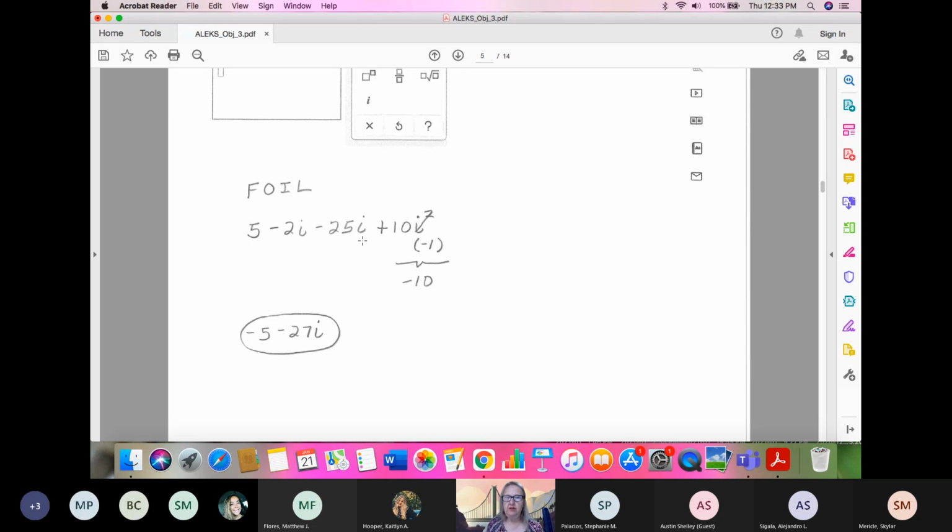They have the same imaginary unit to the same exponent, if you will. So they're considered to be like terms. We have -2 of them here, -25 of them. So that's a total of -27i. So the answer is -5 minus 27i. Any questions on this particular topic?